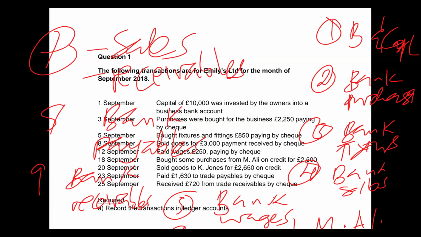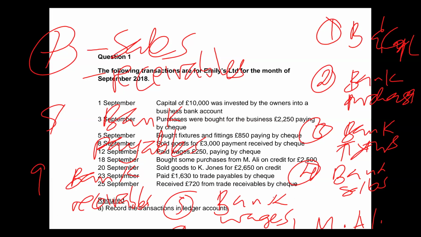So payables will be credited, yeah? 1809 purchases 2,500, correct? Yeah. Next payable is on the 23rd, which will be debited.